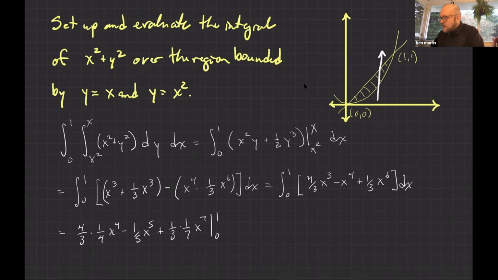Fortunately, 0 and 1 are super duper friendly numbers. And so we'll plug in the 1 there, and we will have 1/3 minus 1/5 plus 1/21 minus, and then when we plug in the zeros, we get a bunch of zeros, okay? So that there ends up being, gosh, I don't know, 2/15 minus 1/21.